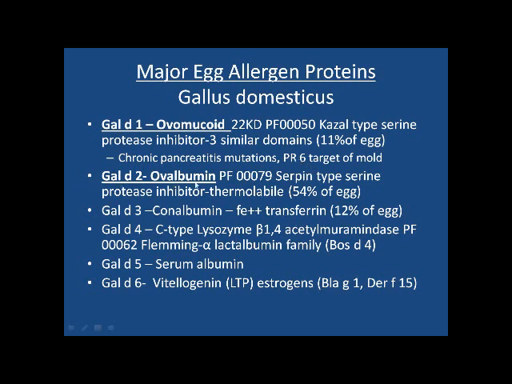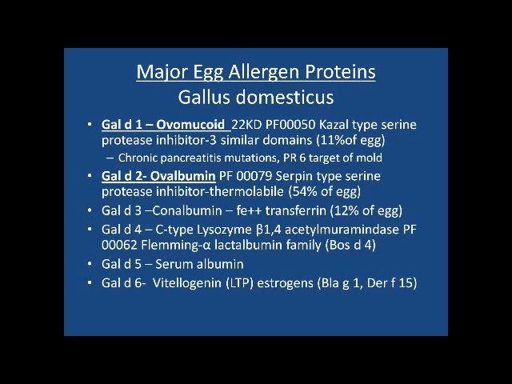Gal d 2 is ovalbumin. It's also a serine protease inhibitor, but it's thermolabile, and it's actually 54% of the protein in an egg is ovalbumin. So there's a lot of it, but when you cook it, it gets denatured and therefore doesn't cause so many problems upon ingestion.